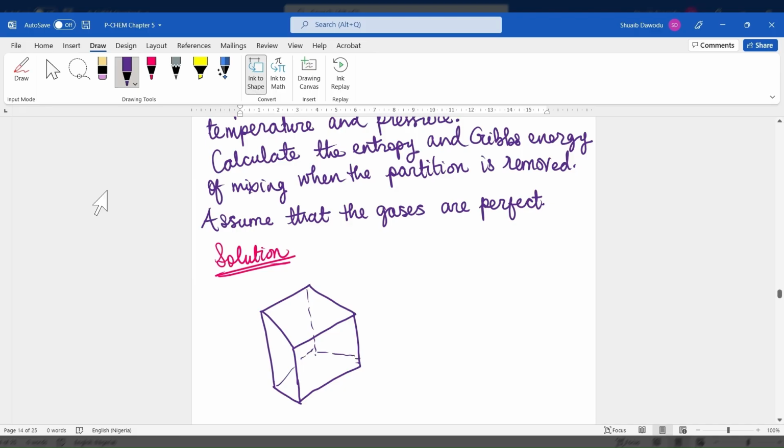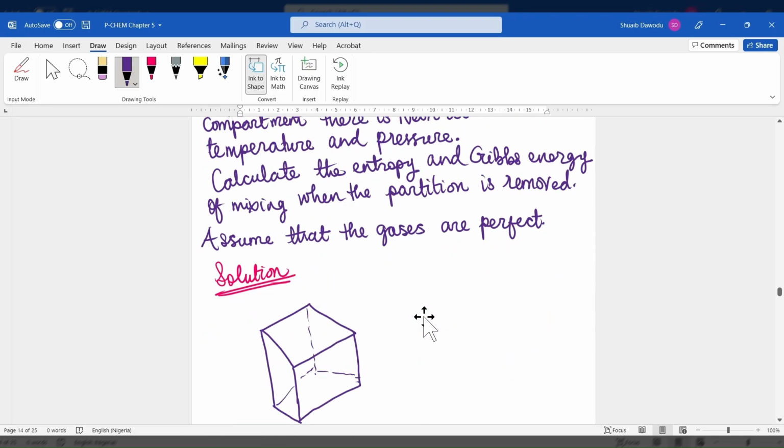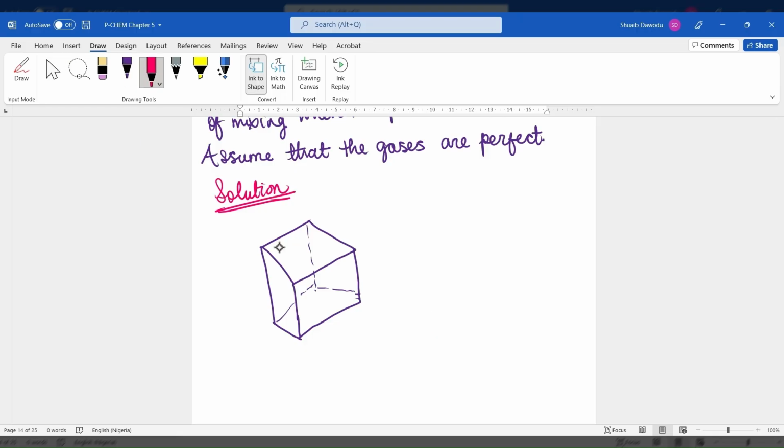We're told that the container is divided into two equal sizes. When you divide it into two equal sizes, you would have the left compartment where there's argon and the right compartment where there is neon.